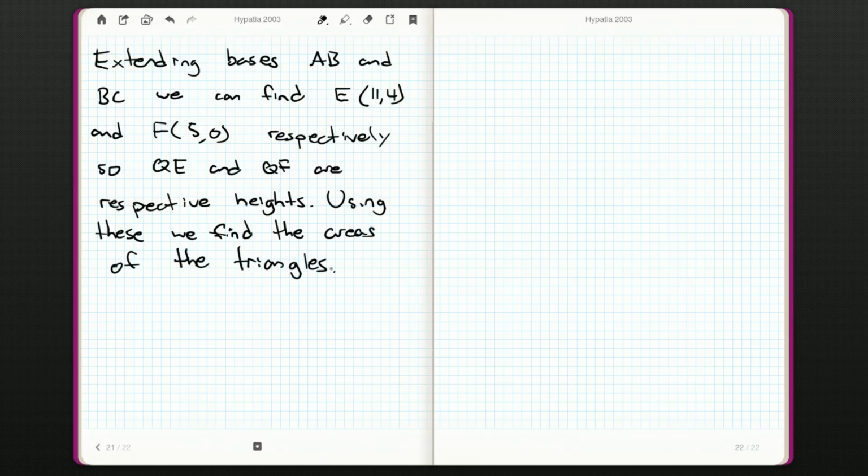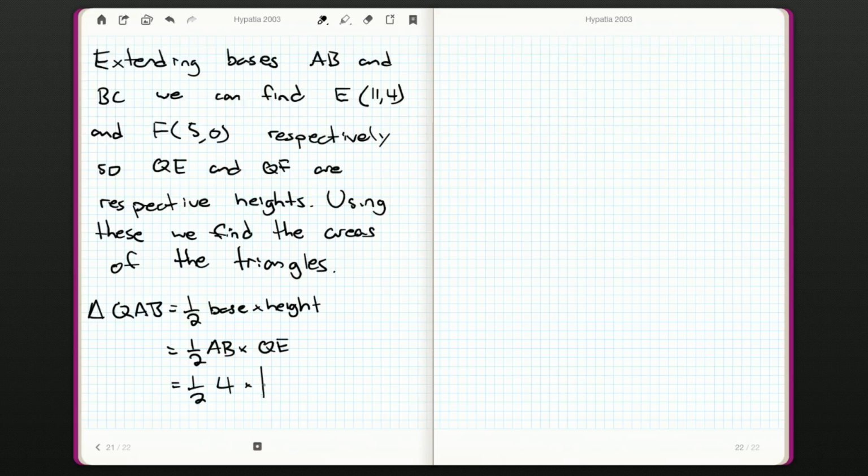Okay? So triangle QAB, that's going to be 1/2 base times height. And that's going to be 1/2 AB times QE. And that's 1/2 4 times, well, what's the height of QE?